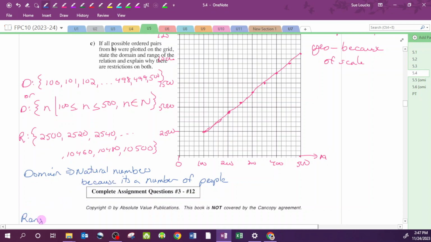And my range, the cost, increases in steps of $20 because of the domain restrictions. Okay, clear as mud. All right, that's that.